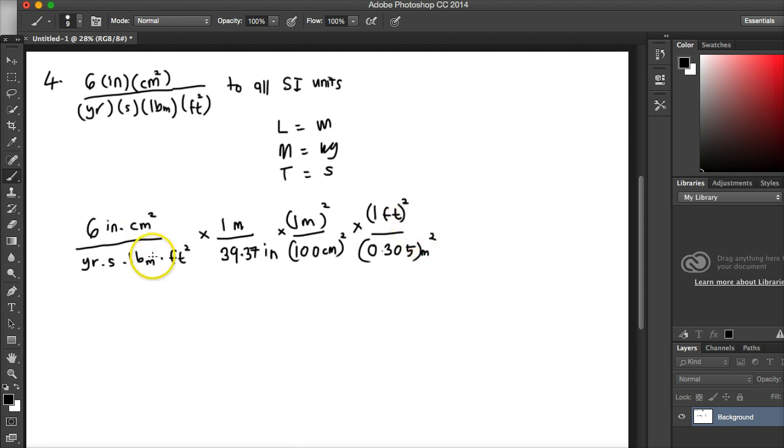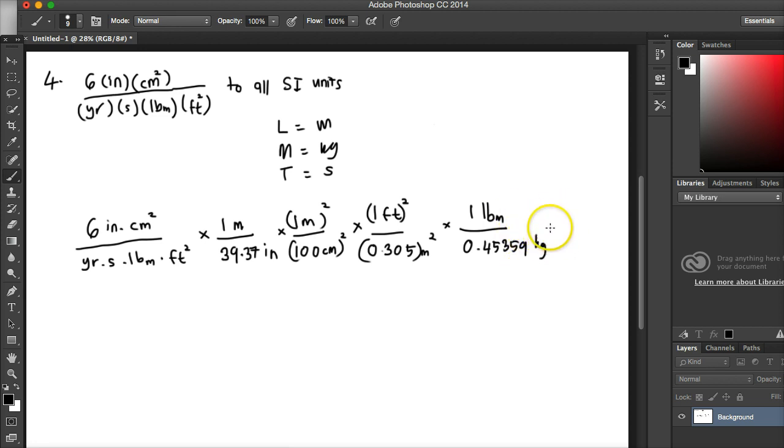Alright, so next we use the pound. From the conversion table, 1 lbm is equal to 0.45359 kilogram, or 2.204 pound per kilogram.